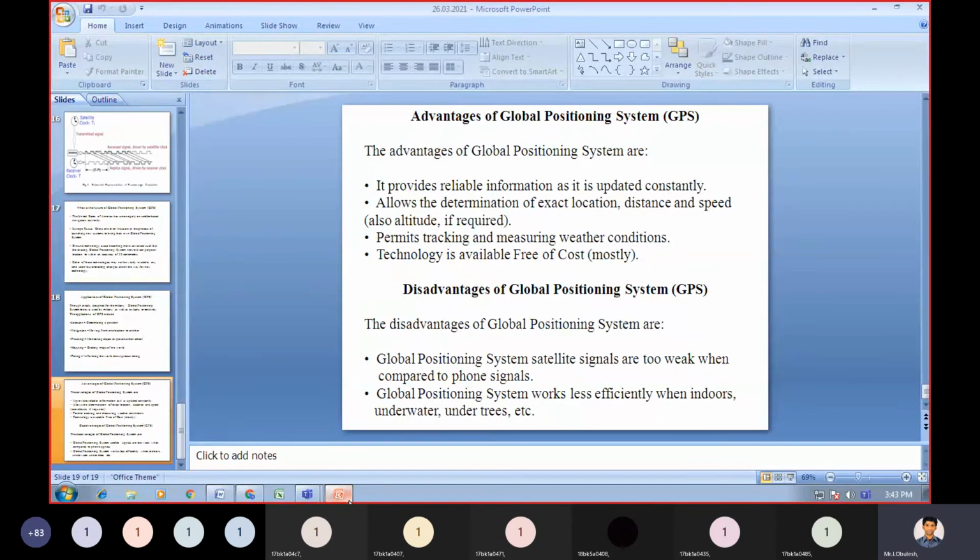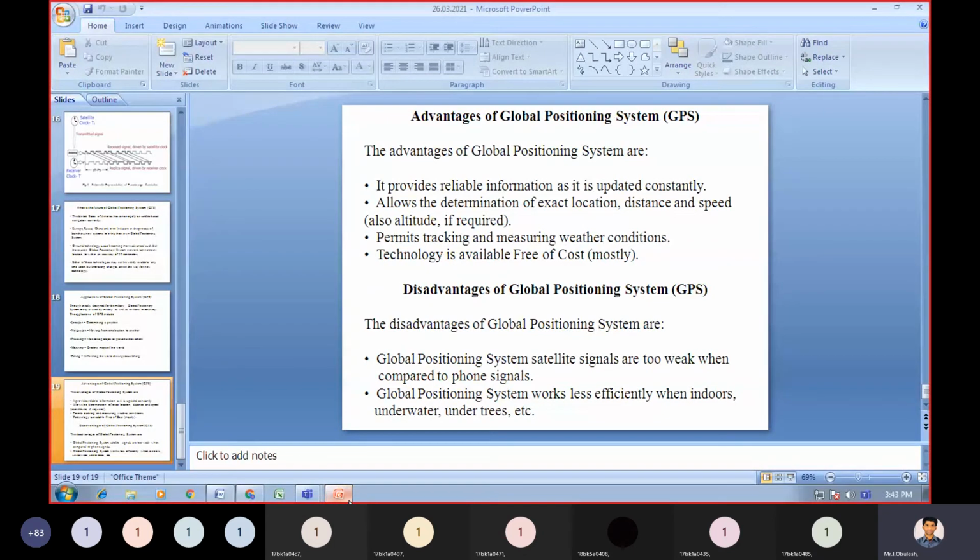Then at that time you are unable to track the system, and you are unable to trace the location, navigation, timing and mapping. All these parameters you are unable to note down, right?